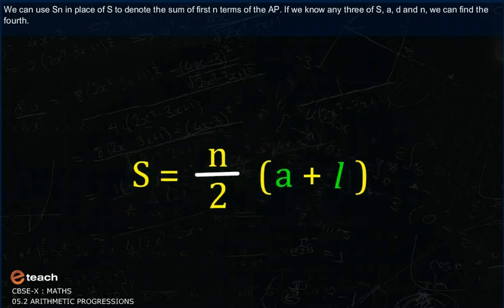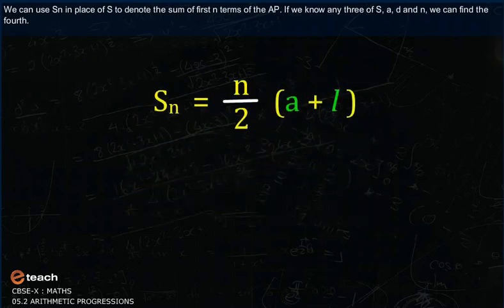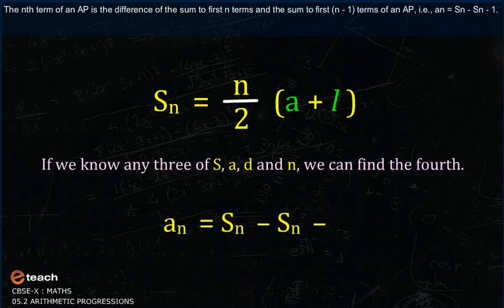We can use sn in place of s to denote the sum of the first n terms of the AP. If we know any three of s, a, d and n, we can find the fourth. The nth term of an AP is the difference of the sum of the first n terms and the sum of the first n minus 1 terms, that is, an is equal to sn minus sn minus 1.